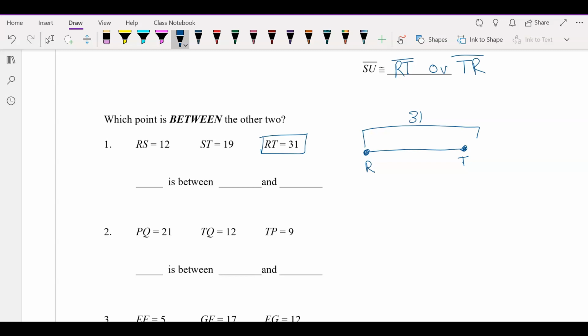So then looking here, we use the R, we use the T, so you can check those off. Left over, we have the S. So I know the S is going to be somewhere in the middle. Over here, RS is 12, and then ST is 19. You add those up, and it equals 31. So we can say S is between RT, and you can also write it as TR. The order does not matter.